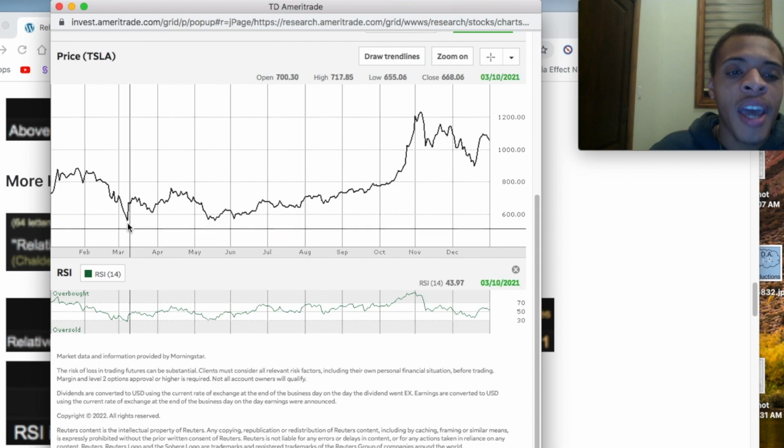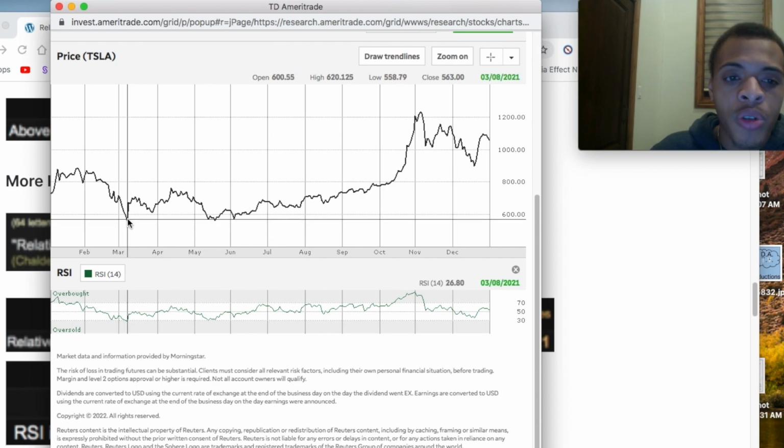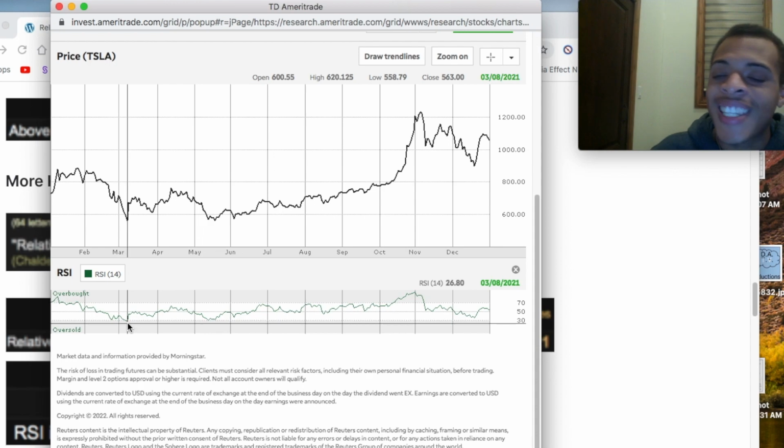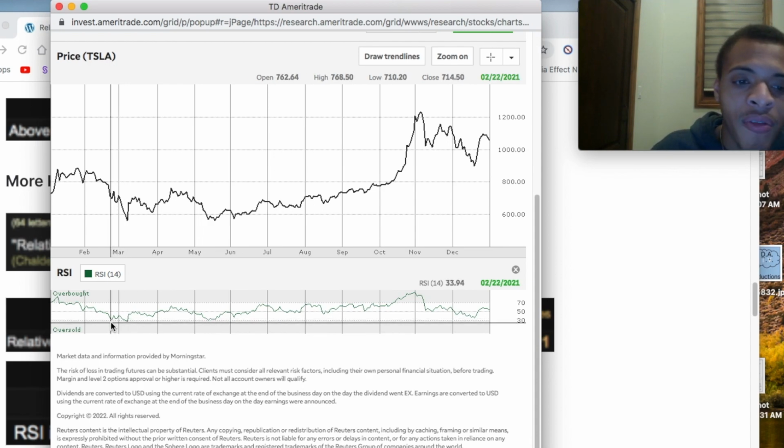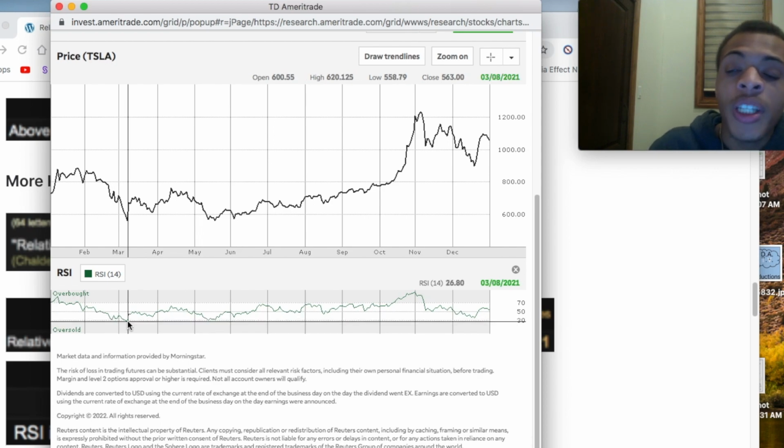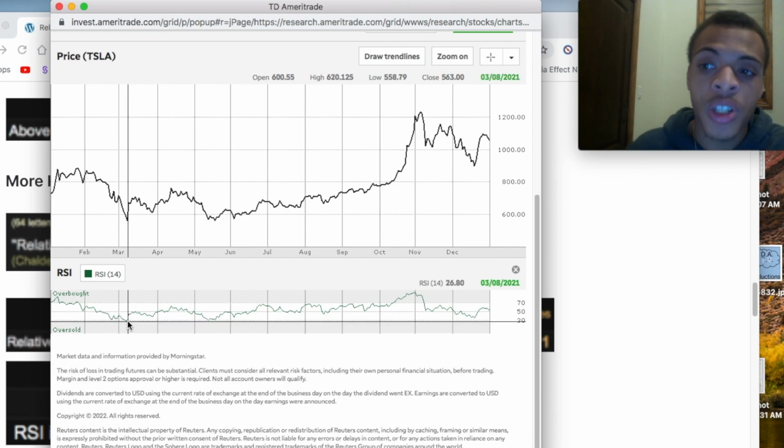Looking at that low in March of 2021, you see Tesla really pierced that oversold range for real. It got down to 26.80. And before that, it really hadn't done that for at least the last year. It was the only time it actually pierced that 30 mark, that oversold territory.